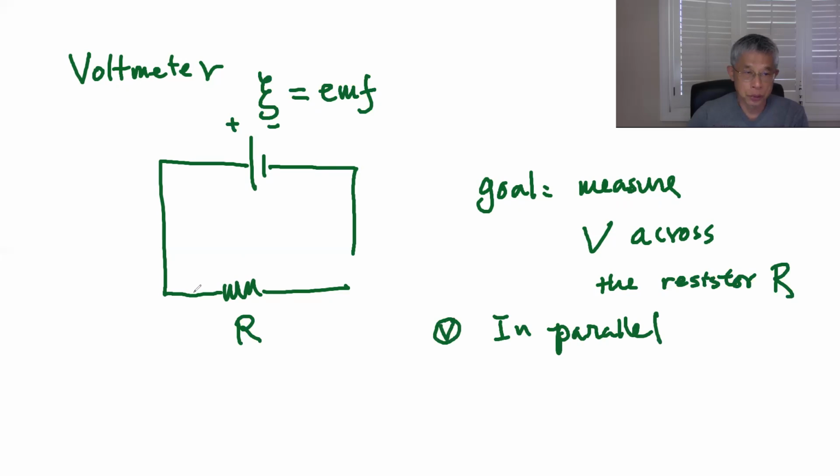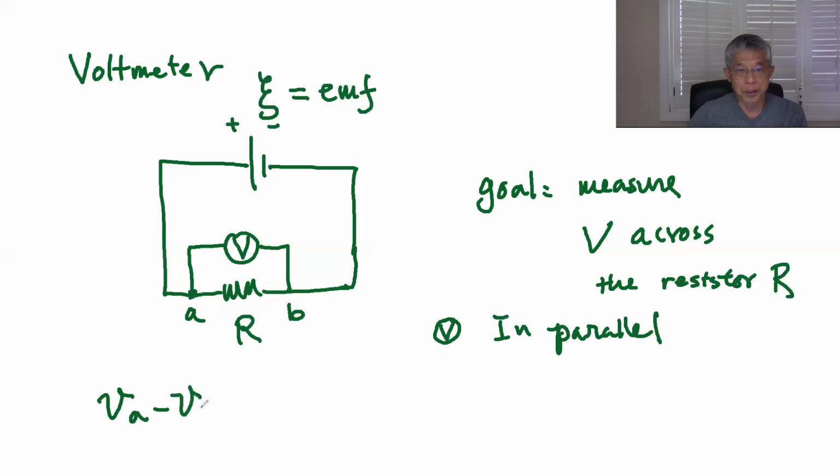This is what I would do: I put a V right here, just like that. So I want to measure this voltage across from A to B. This is higher potential, so you are measuring VA minus VB, which is larger than zero.